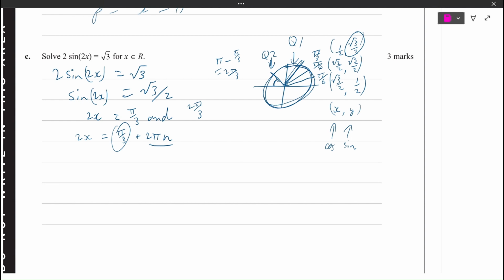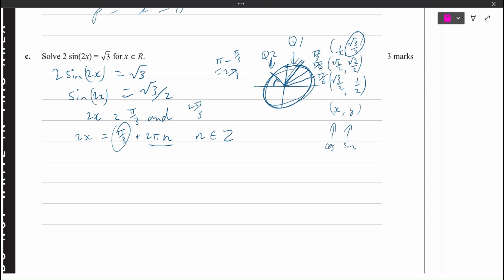Or we can go back the other way, where n is negative, and therefore n has to be an element of all integers. So it has to be either 1, 2, 3, 4, or negative 1, 2, 3, or 4, and so on, in order for this to be true.